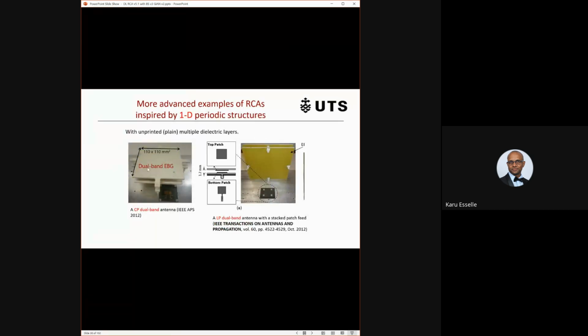This is also a dual band RCA, similar method, but this is a circular polarized dual band antenna. So you design the cavity to resonate in two bands like before, and then you feed the cavity using two different feed antennas, dual band circularly polarized.